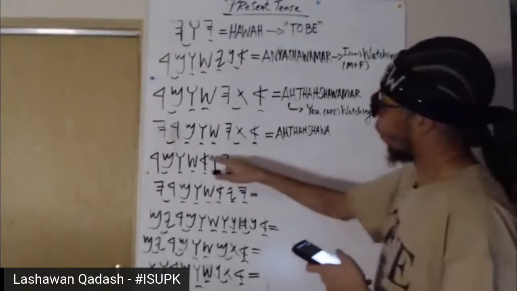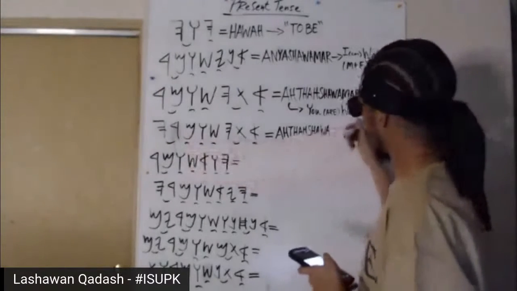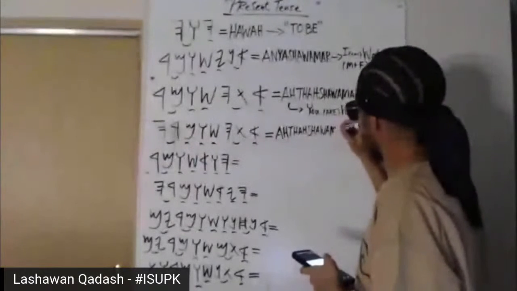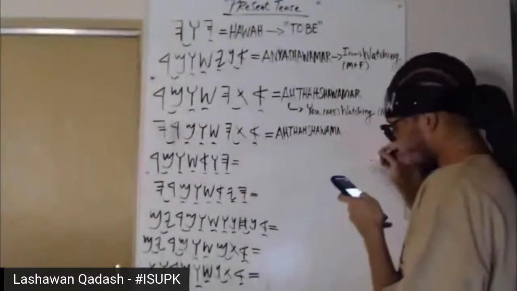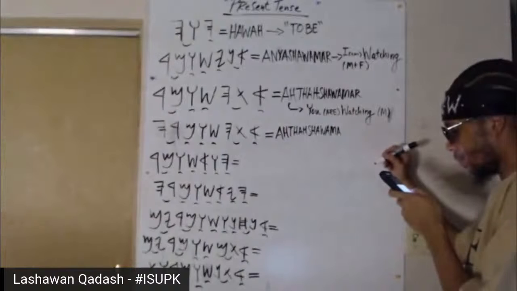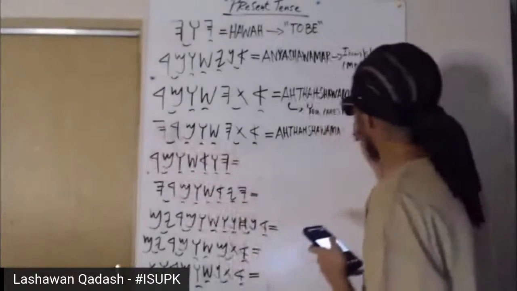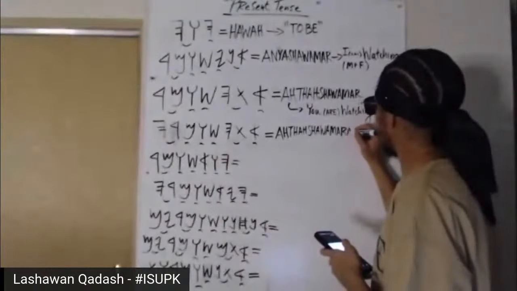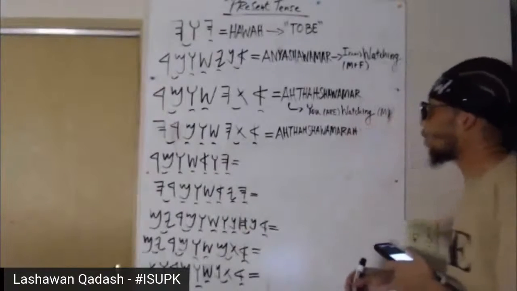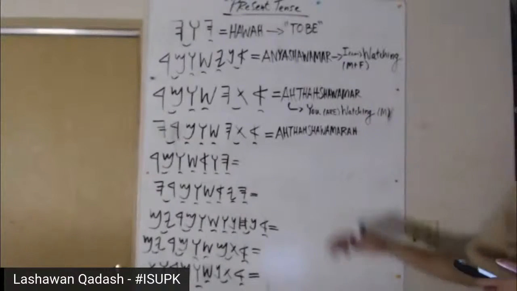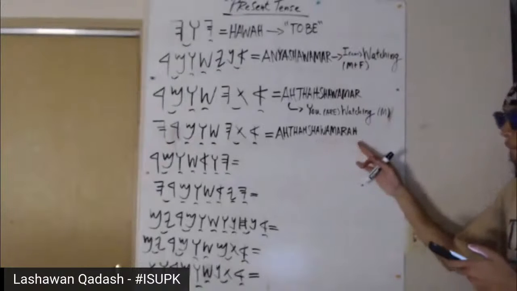Okay, kind of. So you have the ma by itself, right? And then you have the r and the h connected, so RA, H. Now this is where things change a little bit, okay? Atha shawamara.